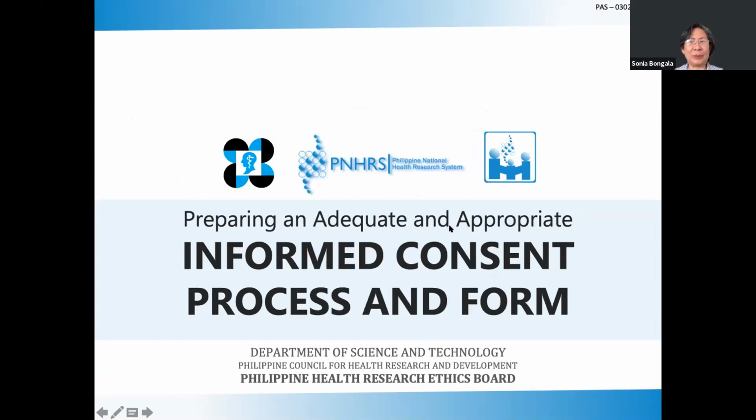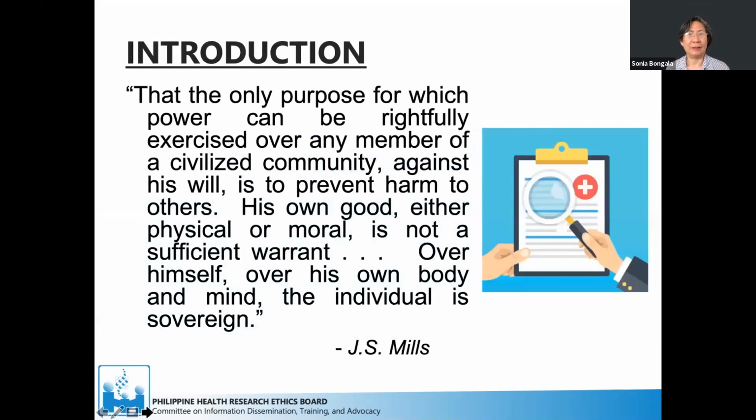Let's go now to the preparation of an adequate and appropriate informed consent process and the form. Okay. So, J.S. Mill said that the only purpose for which power can be exercised over any other member of the community against his will is to prevent harm to others.